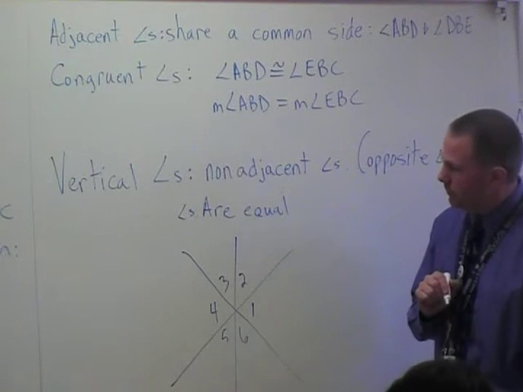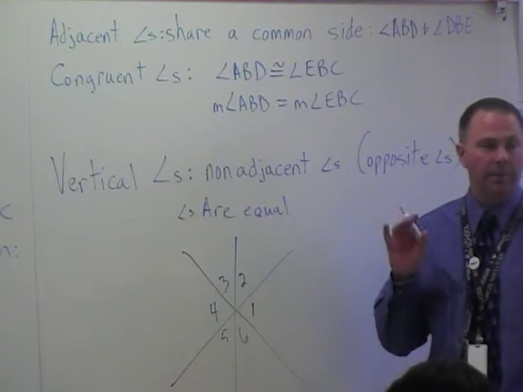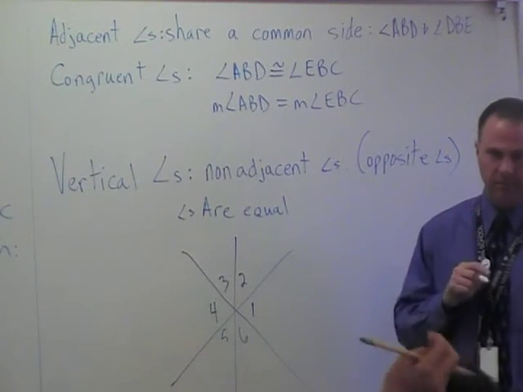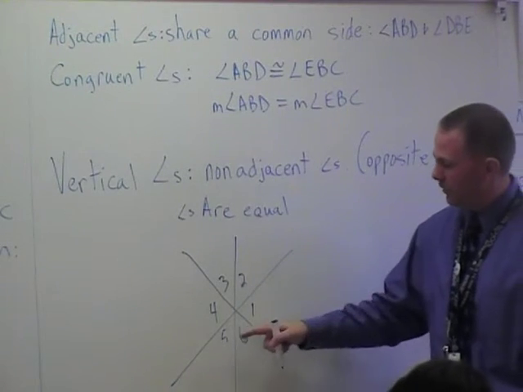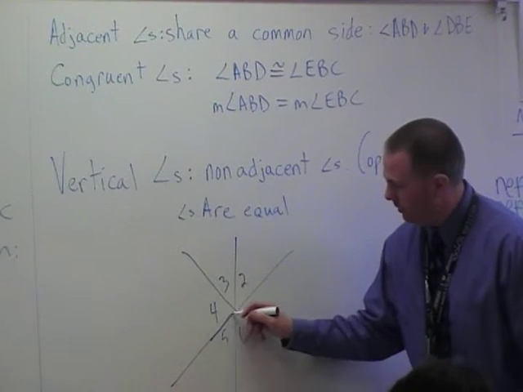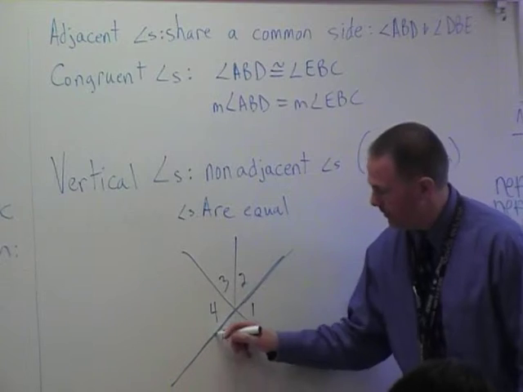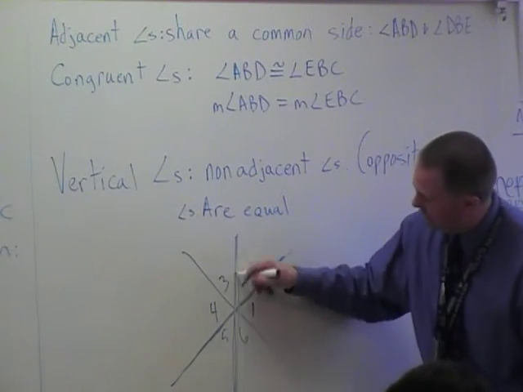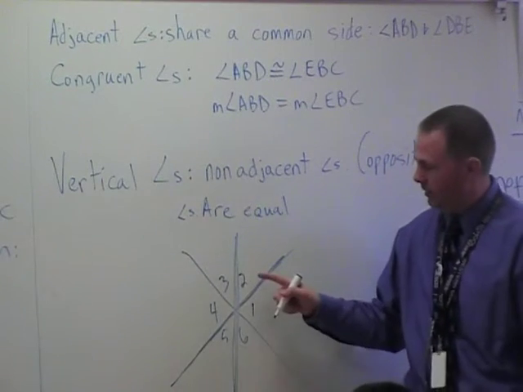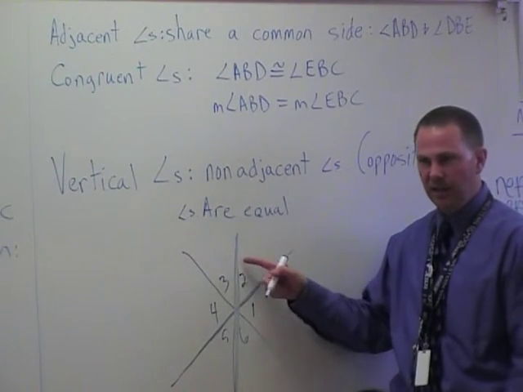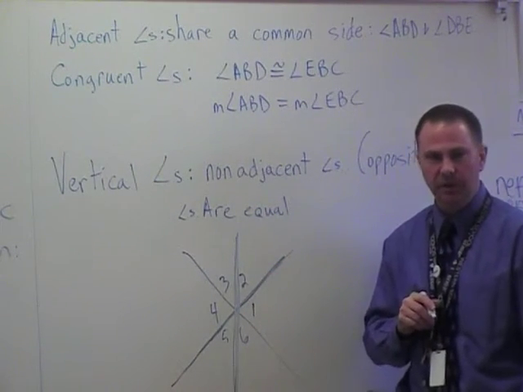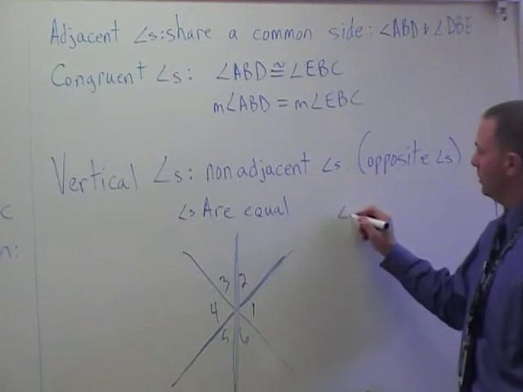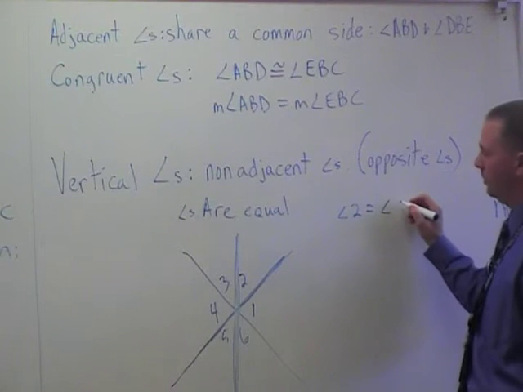All right. I want to know what vertical or opposite angles are. 5 and 2. 5 is this angle with this line and this line. Now, because I did that, you should be able to see that 2 shares the exact same lines. Therefore, they are vertical and opposite each other. So angle 2 is equal to angle 5.